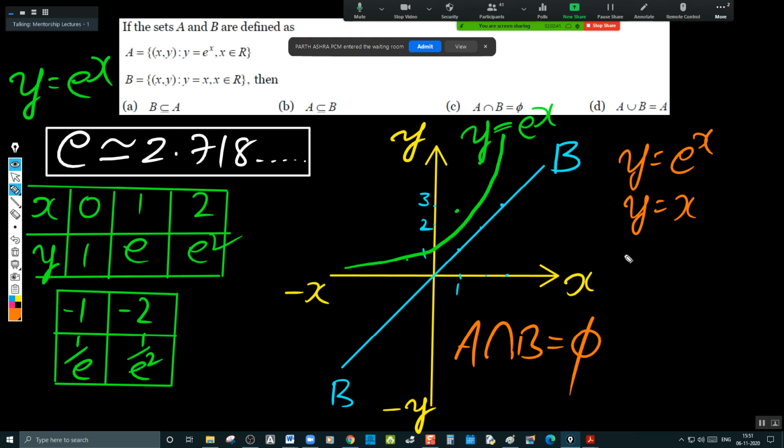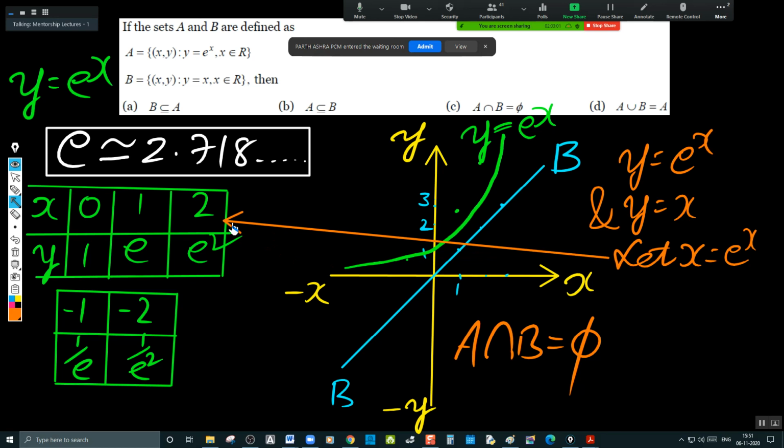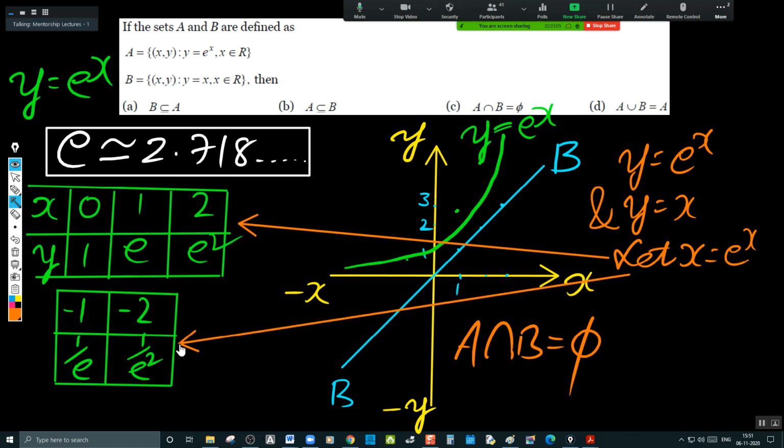And is there any possibility that x is equal to e power x or not? No way it is possible. How can I say that it is no way possible? Because I have taken a table of this. That's the reason why I have shown you. Is there any such point where x and e power x are equal? No. What is the meaning of e power x? It is nothing but y.